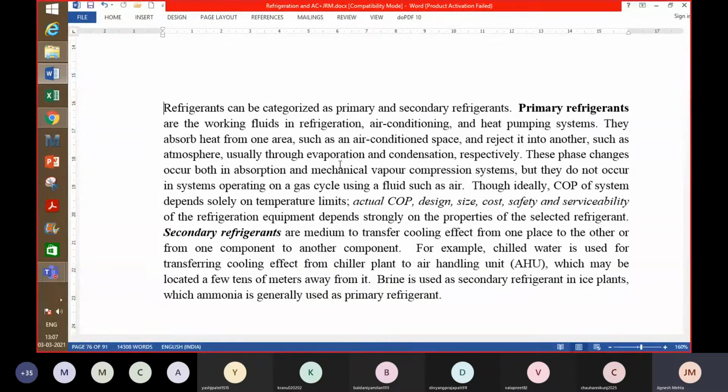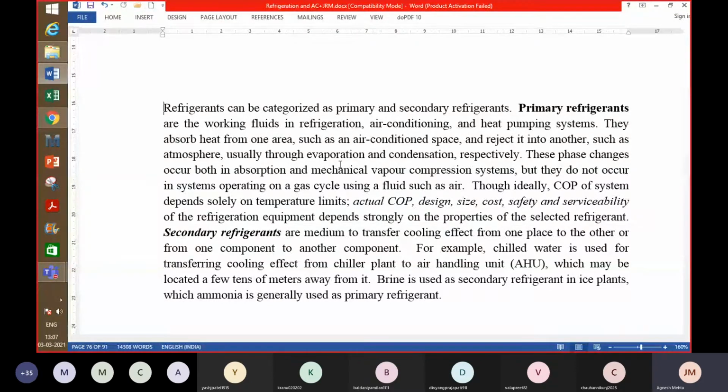And this is what happens in the primary circuit, which has components like the compressor, condenser, throttling device, and the evaporator. So these phase changes occur both in absorption and mechanical vapor compression refrigeration systems, but they do not occur in systems operating on a gas cycle using fluids such as air.